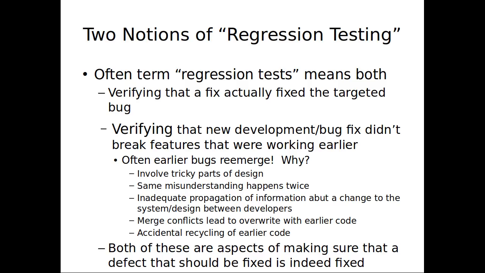So sometimes you're switching between strategies and it hasn't led to really thoughtful components. So merge conflicts, accidental recycling of earlier code, inadequate propagation of information about a change between developers. I fixed it, but she doesn't know that I fixed it, and doesn't know that it needed to be fixed even. Sometimes the same misunderstanding happens twice.